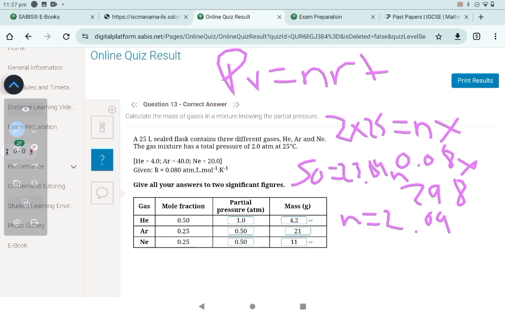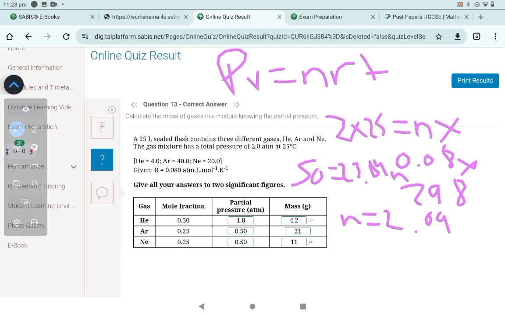Okay, to find the mass, we have the moles, we have the molar mass. Now 2.1, no, 2.1 is the molar mass, what am I saying? Sorry, 2.1 is the total moles, so the mole fraction is 0.5.